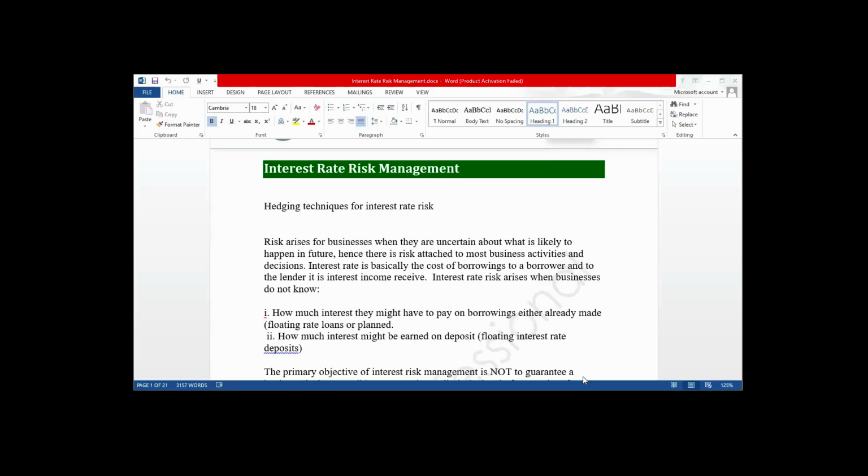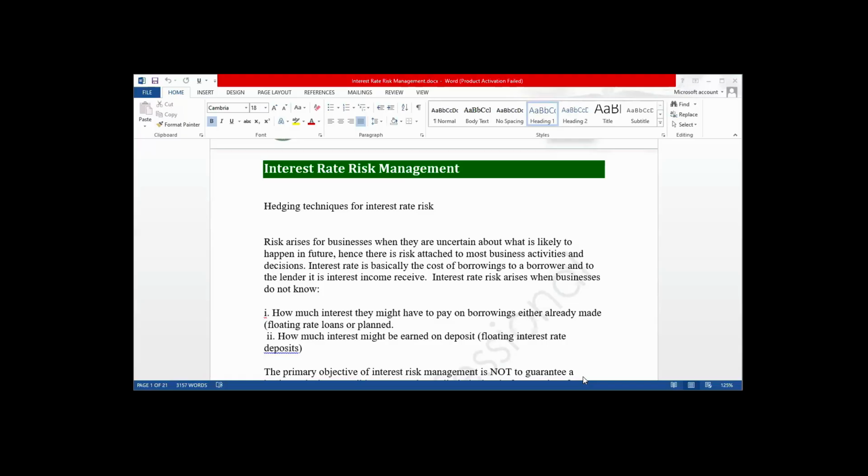At the management meeting, you are represented as the finance manager. At that meeting, a discussion and a decision was reached that our company needs to borrow money in 2 months' time. 2 months' time will take us to 20th of June.